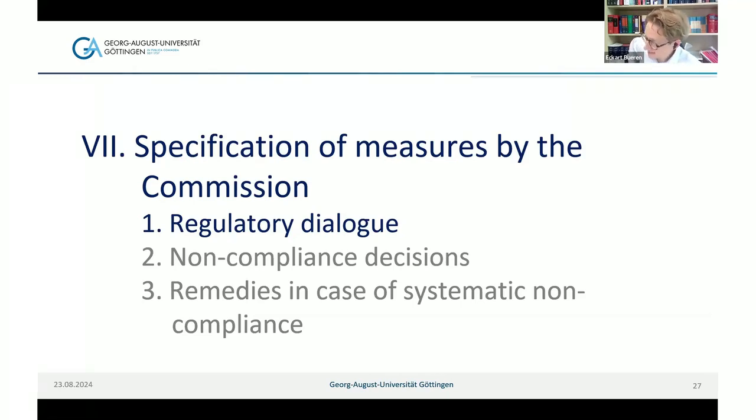Pursuant to Article 8, Section 2 DMA, the European Commission may adopt an implementing act specifying the measures that the gatekeeper concerned is to implement to effectively comply with the obligations laid down in Articles 6 and 7 DMA.